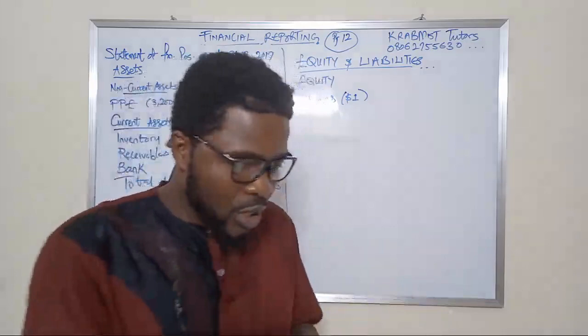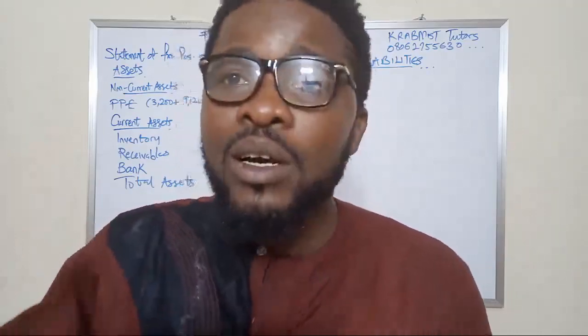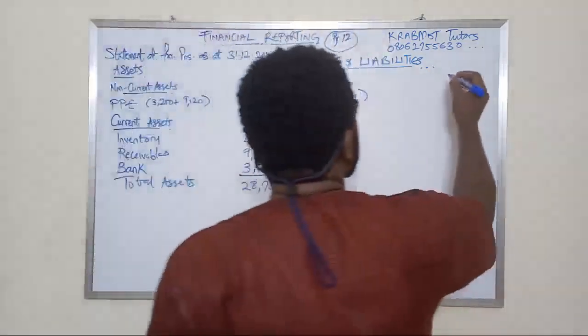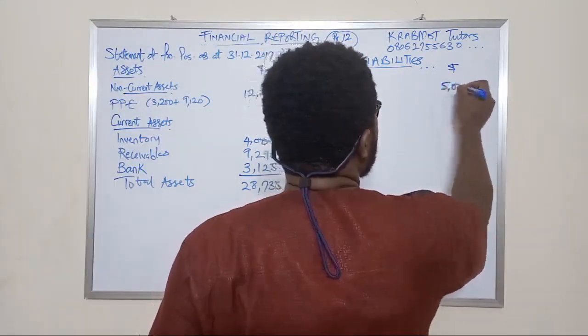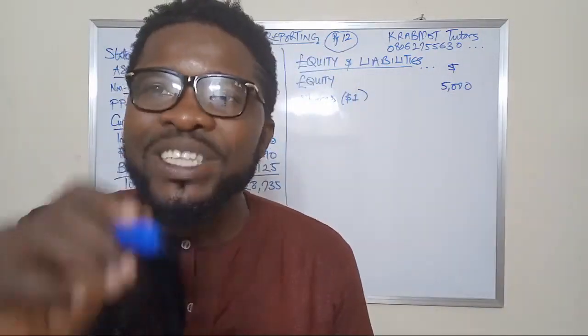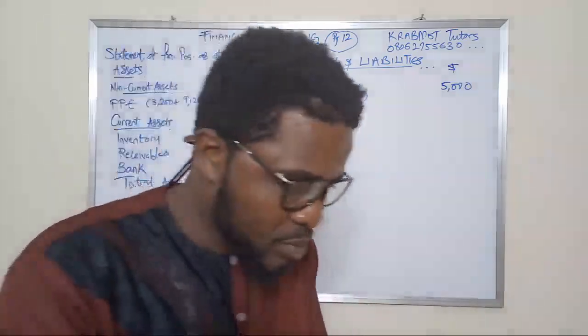So look at the question. The first on the list is equity share capital, which is on the credit side, 5,000. So we come here and we put 5,000. After that, on our trial balance, we tick it to show that yes, we have attended to it.